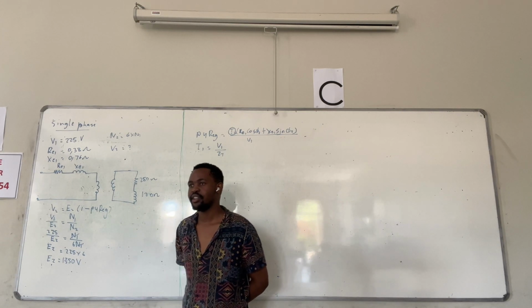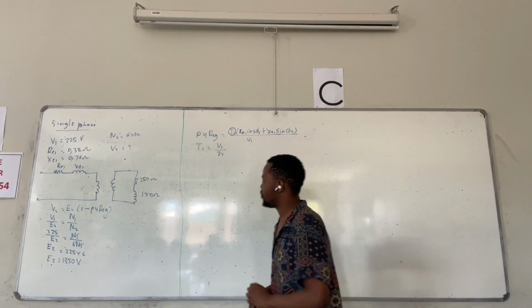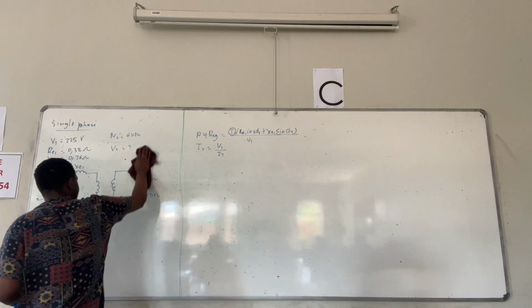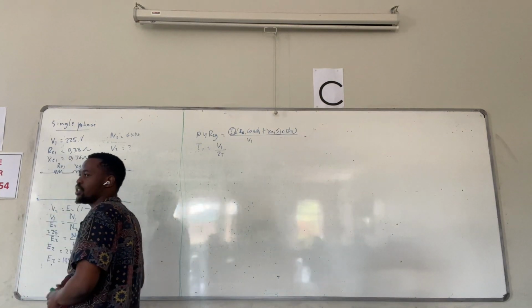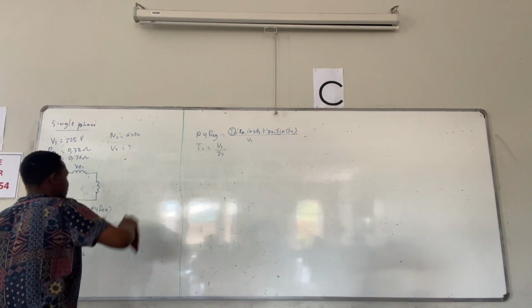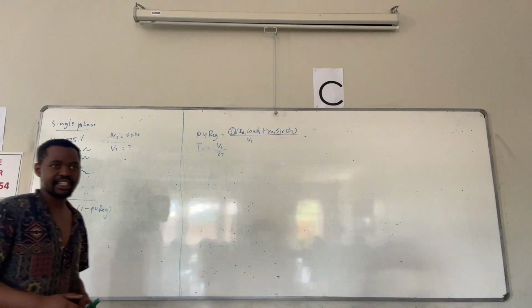So basically what we have to do now is refer this load to the primary side to get ZT, for the current.